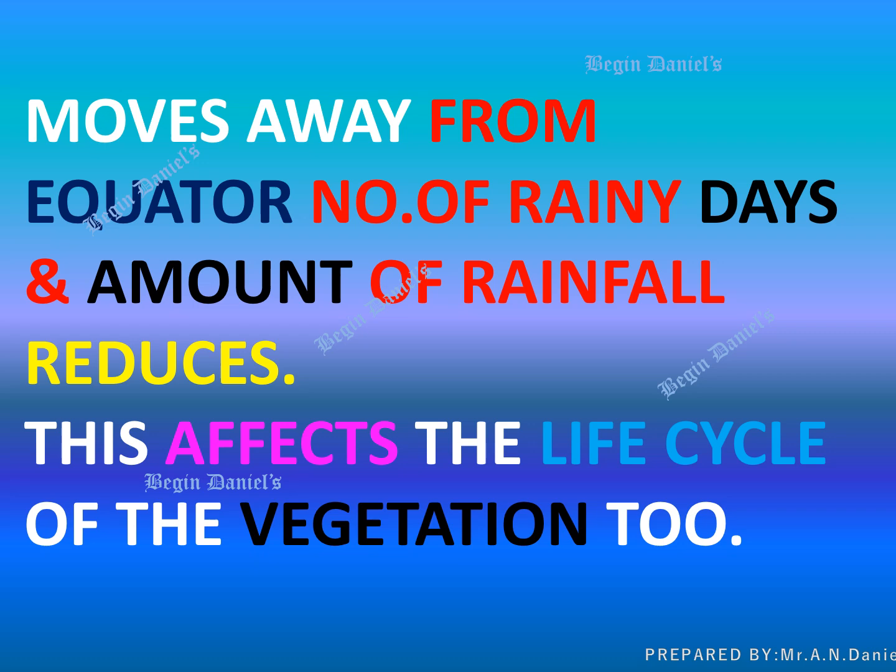This affects the life cycle of the vegetation too. The vegetation or the forest depends on the rainfall. So this life cycle of forest will be affected due to decrease in rainfall and decrease in number of days of rainfall.